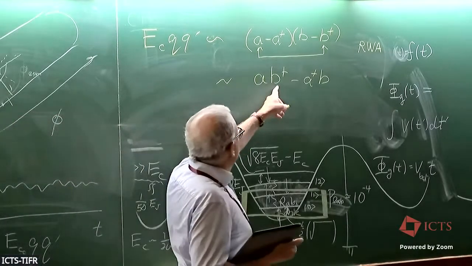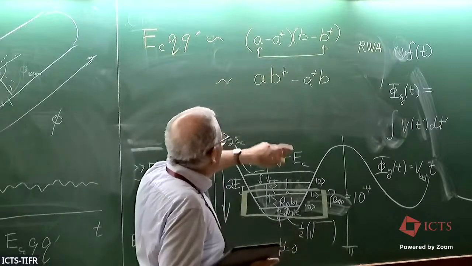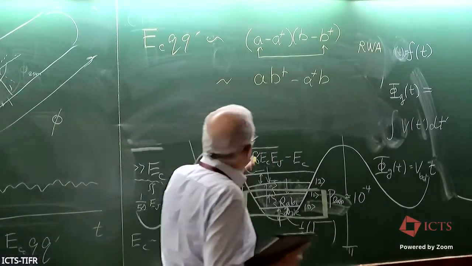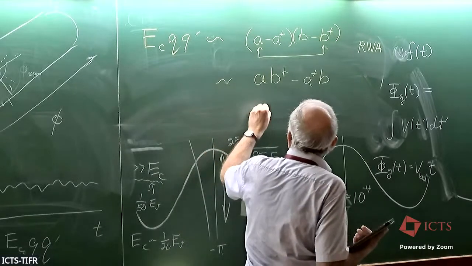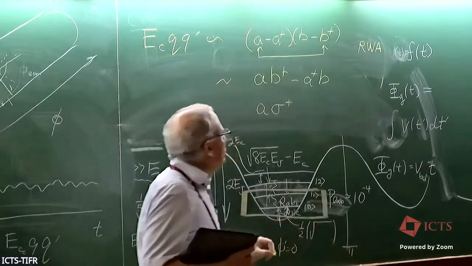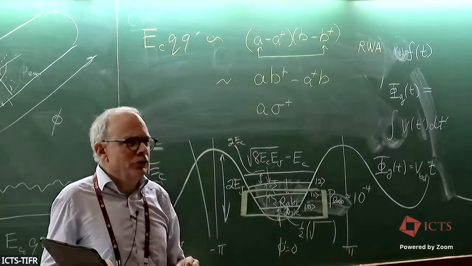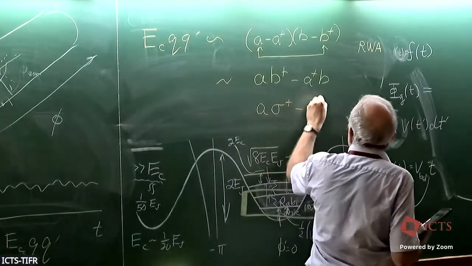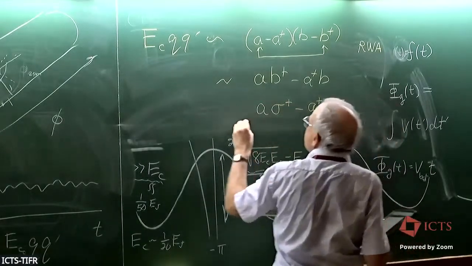And that will mean that using B dagger and B is sort of overkill for the two-level system. I may as well simply call that the raising operator in the Pauli algebra, sigma x minus plus i sigma y, minus A dagger sigma minus.